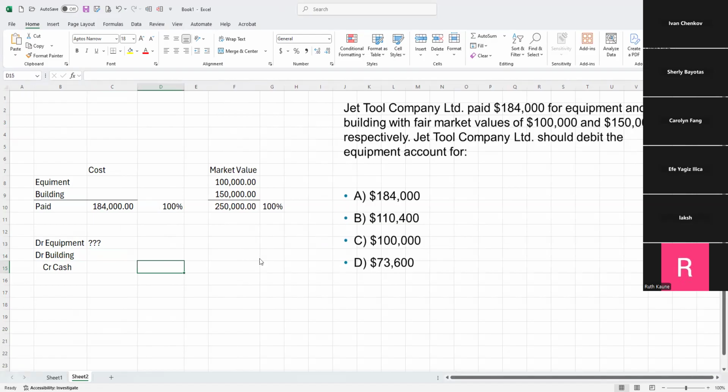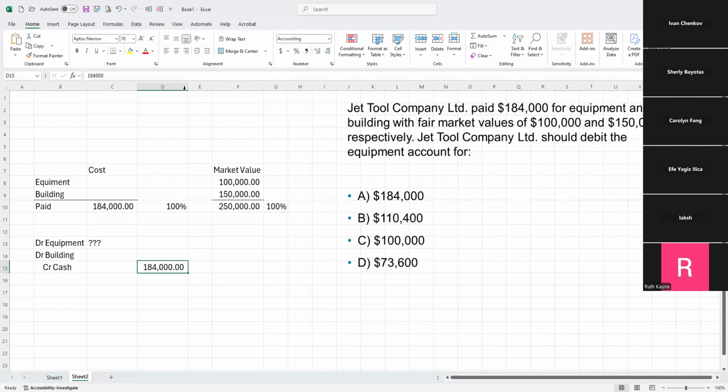What will be your suggestion? You're saying 73,600. If you assign 73,600, how much is going to be left for the building? Only 4,000. Is that true? What's the percentage here?